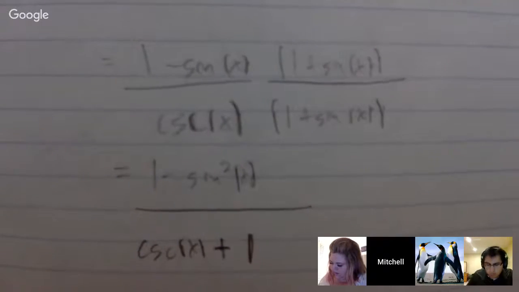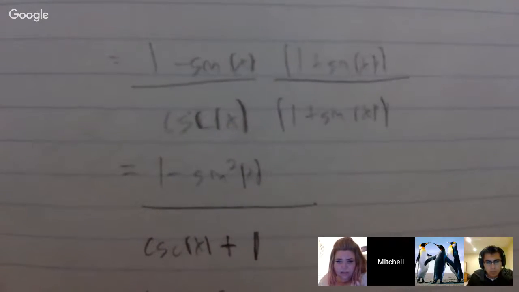So we're working with just the right side first, the 1 plus sine over. So that would be change it to 1 minus sine x.